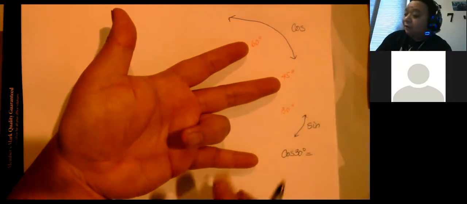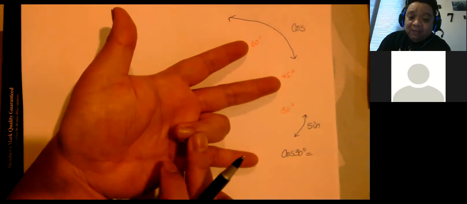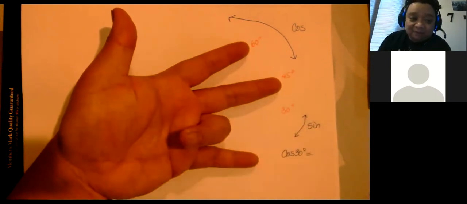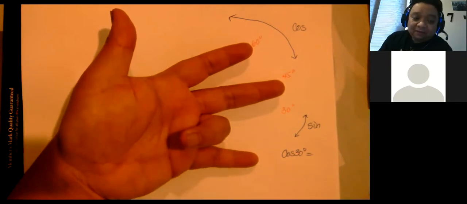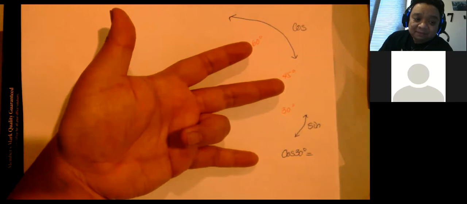So if I fold the 30-degree angle, how many fingers are above? Just count how many fingers are above the folded finger. There are three.